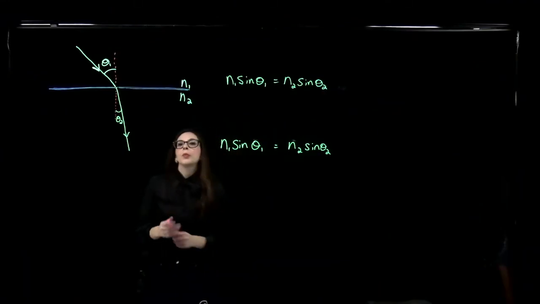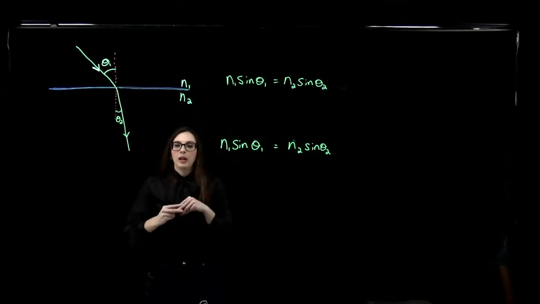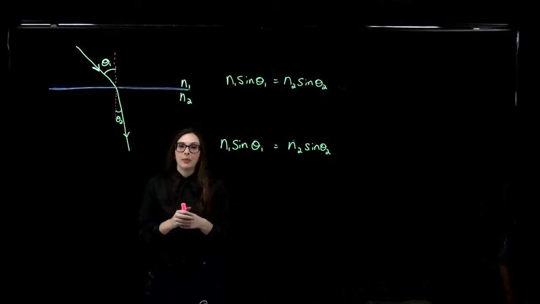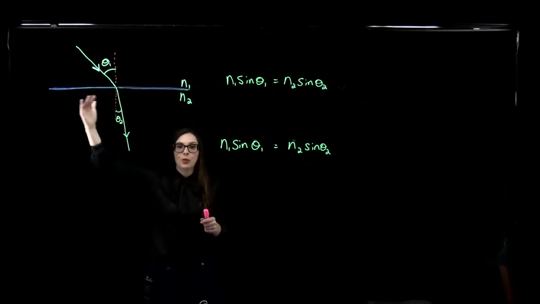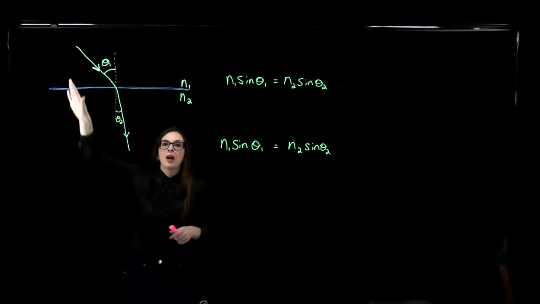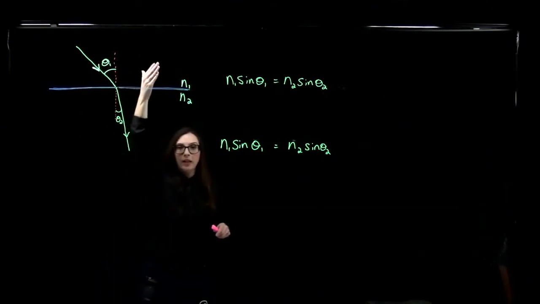Let's think a little bit more about Snell's law and how our angle gets refracted when it enters into a different medium. So here I have an interface between two materials. On top, I've got something with an index of refraction that I'm going to call n1.